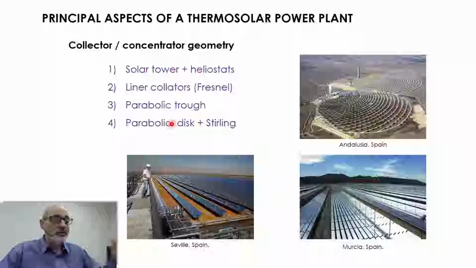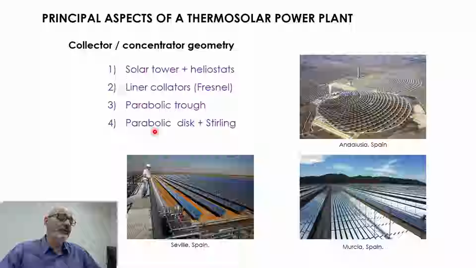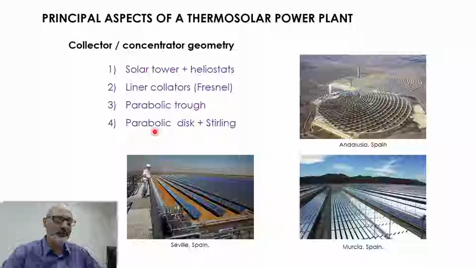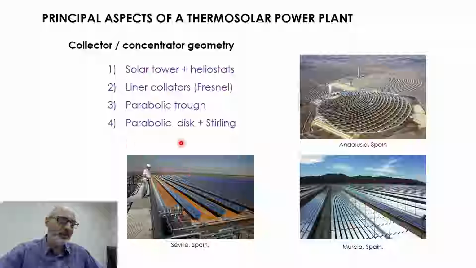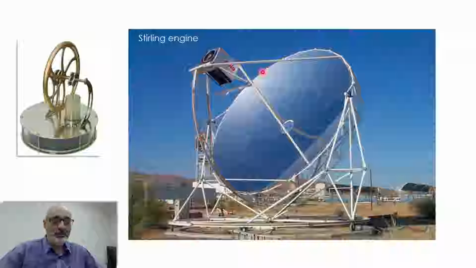You also have a fourth kind of system, which is different. I'm listing it here just for information, because it's not applicable for our situation here. It's a parabolic dish plus a Stirling engine. So you have a dish. It's also a heliostat because it follows the position of the sun.